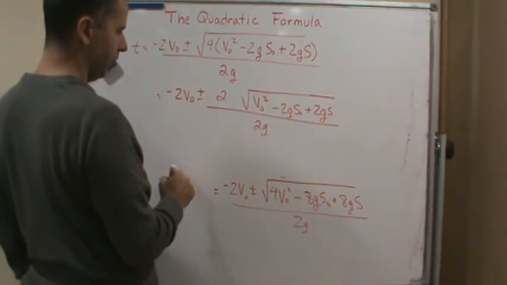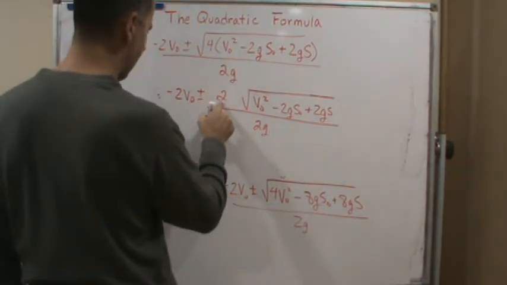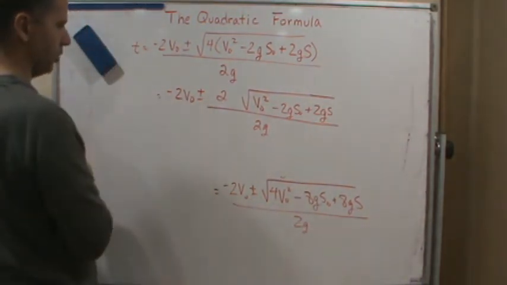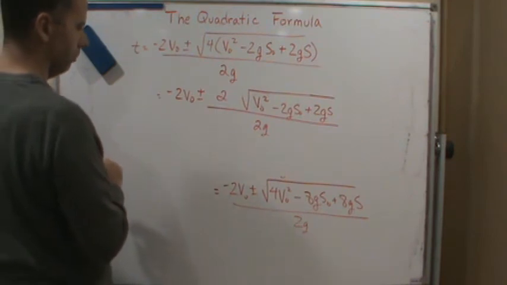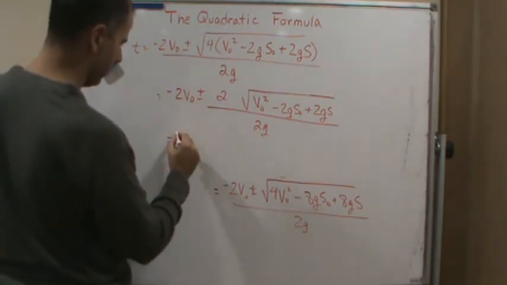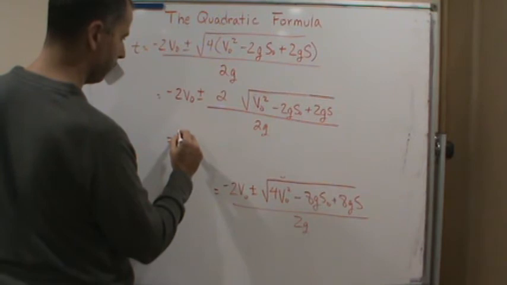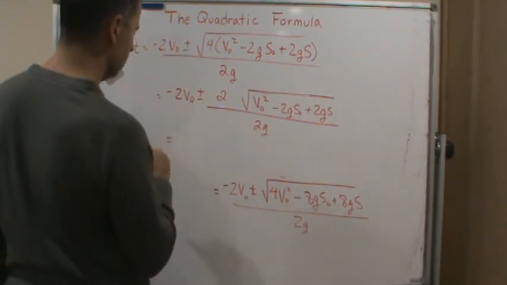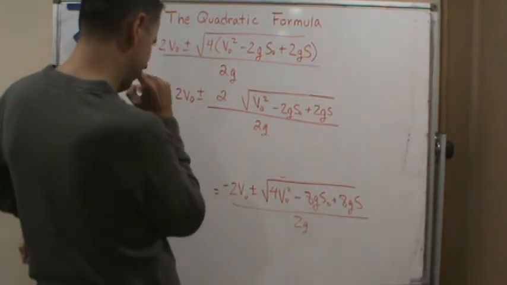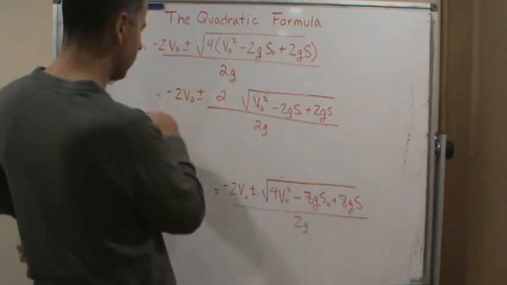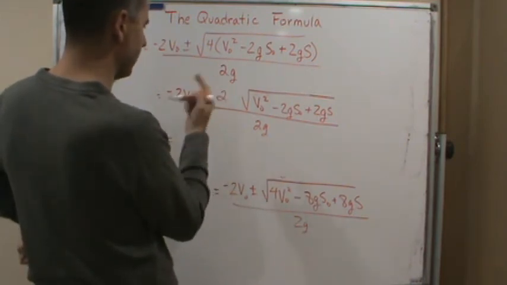And then what happens? Now I can factor out a 2. In fact, I can factor out a negative 2 because the plus or minus isn't going to matter.